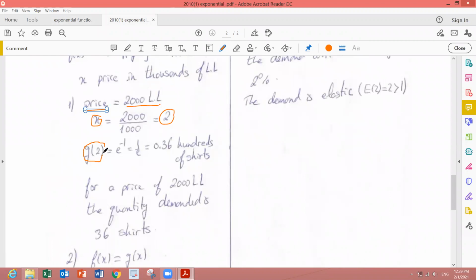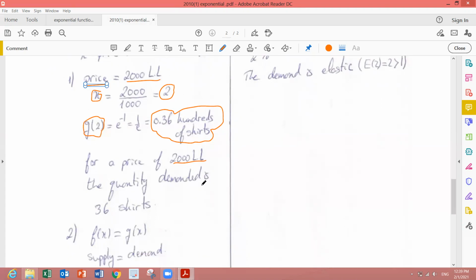Since we are going to calculate the demand, G of 2 equal e to the minus 1 equal 1 over e equal 0.36 hundreds of shirts. So for a price of 2000 Lebanese lira, the quantity demanded is 36 shirts.